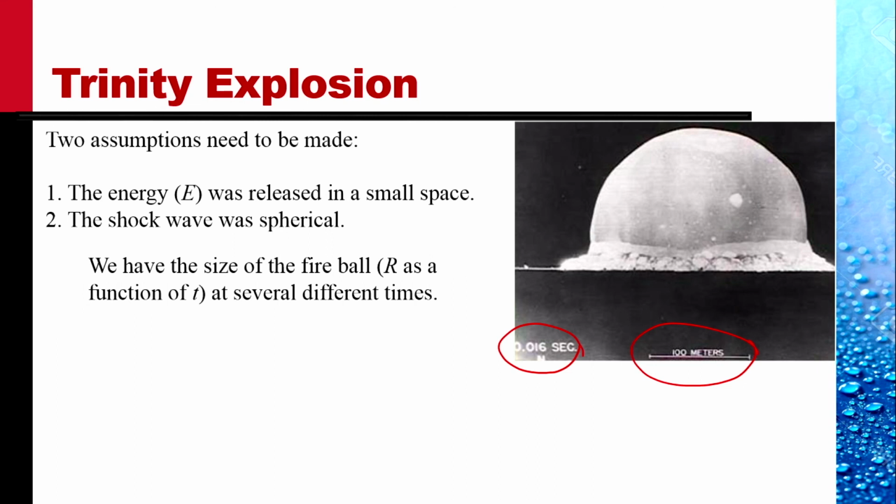So you could measure from this that at time t is equal to 0.016 seconds after the explosion, this is the diameter of the fireball, and this diameter can be scaled in terms of meter using this mark of the scale.